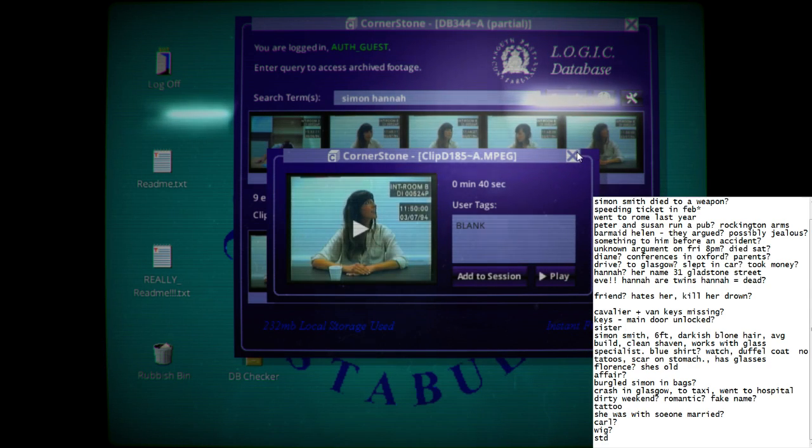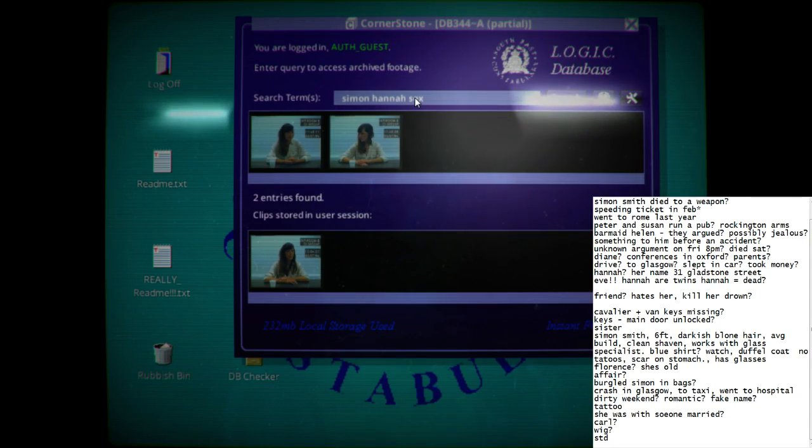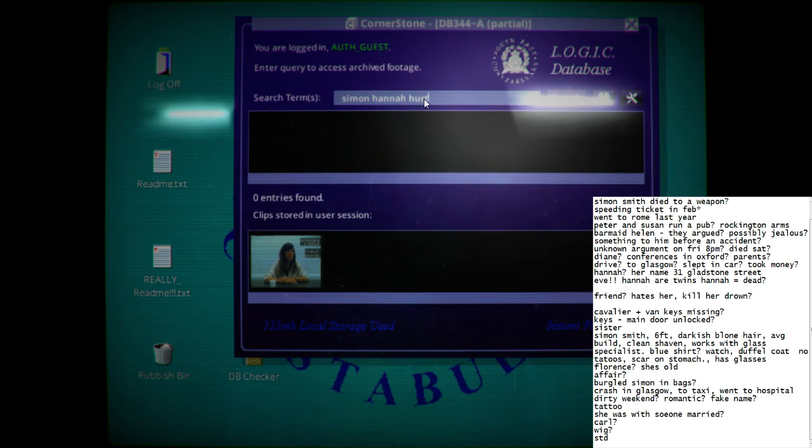How the fuck did Anna die? 9 entries found. I feel like I'm just doing random searches now. Simon, Anna. Nope.